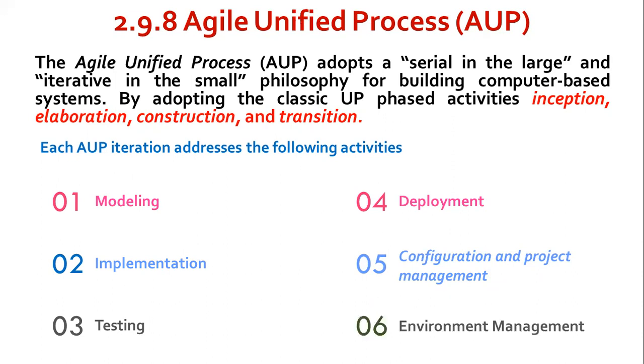And the sixth one is environment management. Environment management coordinates the process infrastructure, which includes standards, tools, and other supporting technologies available to the team. So these are the other different agile process models that we commonly use.